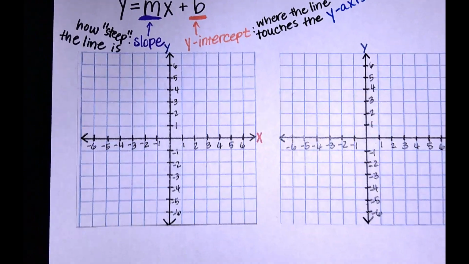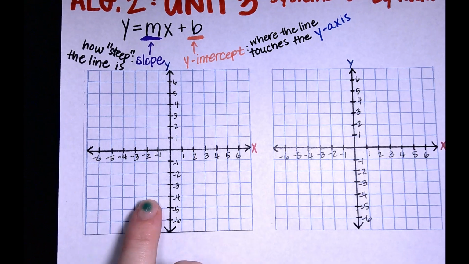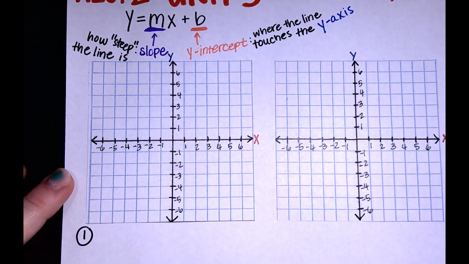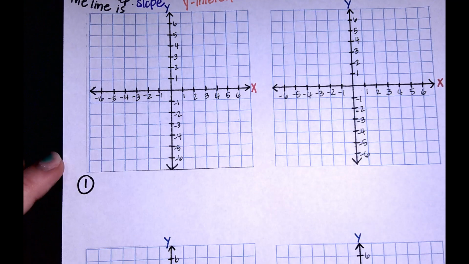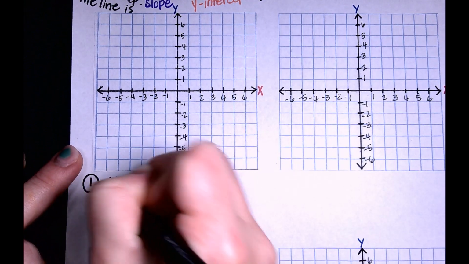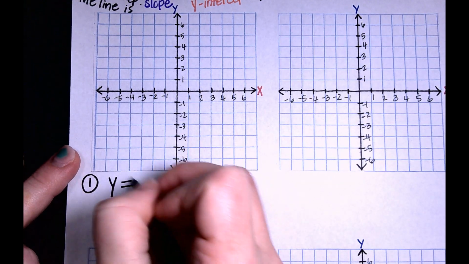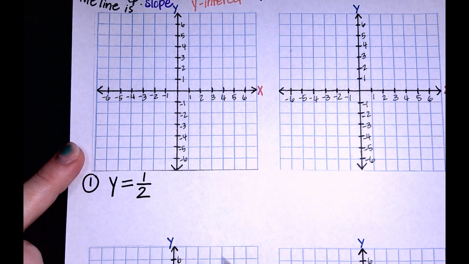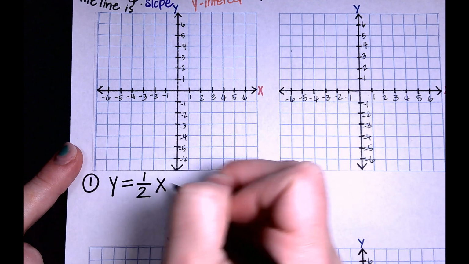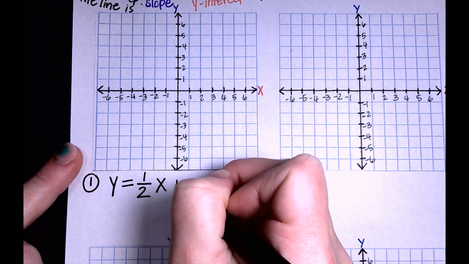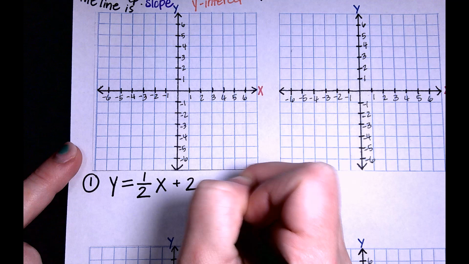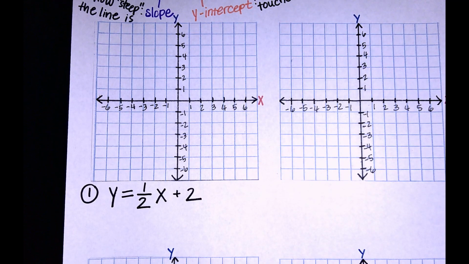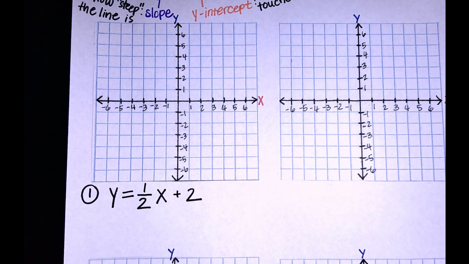So underneath this graph here, I'm going to put a number 1, and I'm going to write an equation. This equation will be y equals 1/2 x plus 2. Okay, so y equals 1/2 x plus 2.